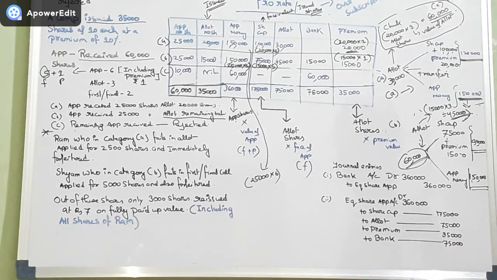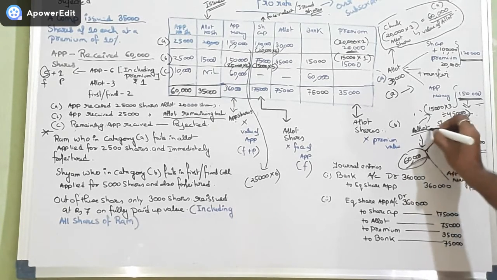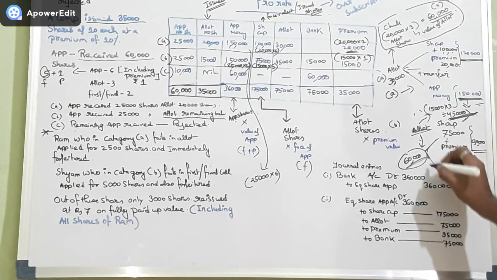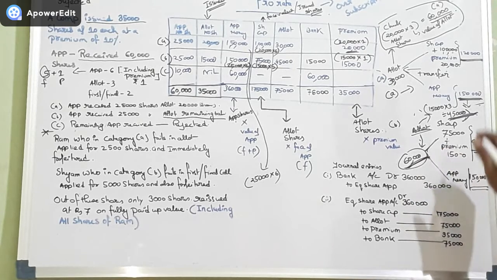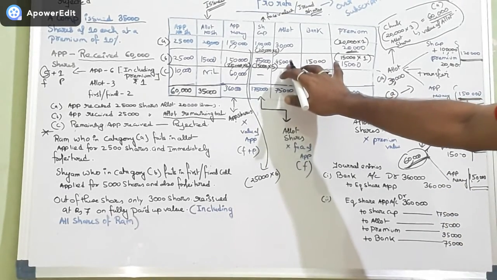Obviously it cannot adjust 60,000, because the fund available in the allotment is only 45,000. So only 45,000 can be adjusted in allotment, as that money is available. So we are transferring 45,000 to the allotment.